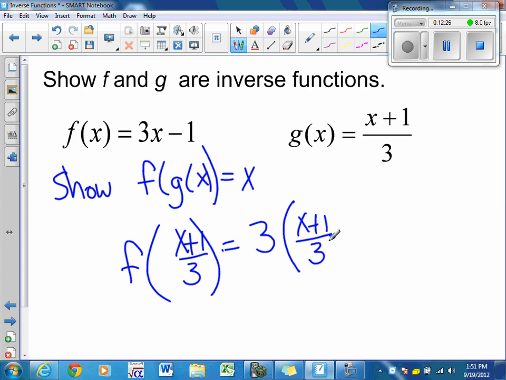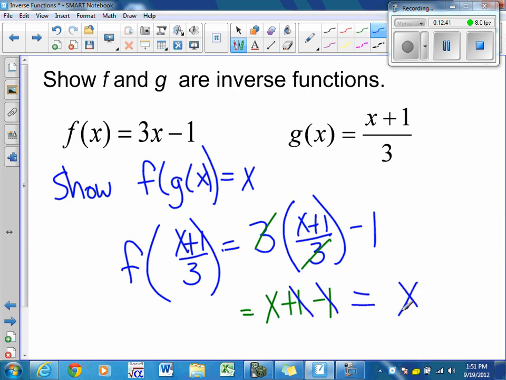So I put g in place of x. The 3's cancel. I get x plus 1 minus 1. The 1's cancel. And I get x. So yes, they are inverses. You don't have to put it in both ways. Pick one, put it in, that's good enough.